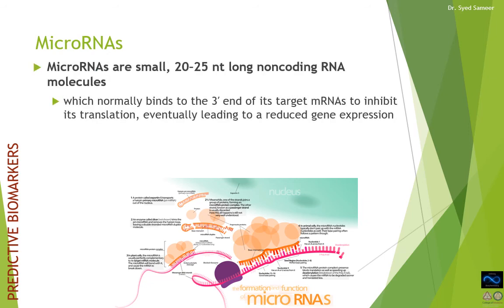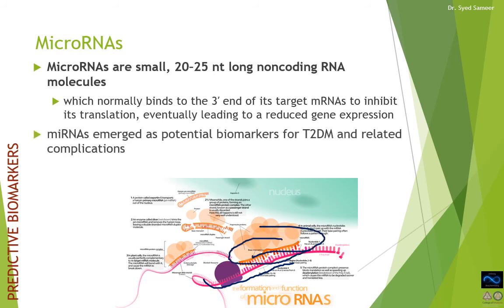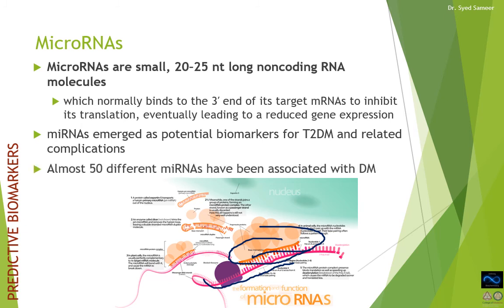MicroRNAs are small, 20 to 25 nucleotide long non-coding RNA molecules, which regulate the expression of certain mRNAs. They bind to the mRNA and regulate its expression. They have emerged nowadays as potential biomarkers for type 2 diabetes mellitus and its related complications as well.